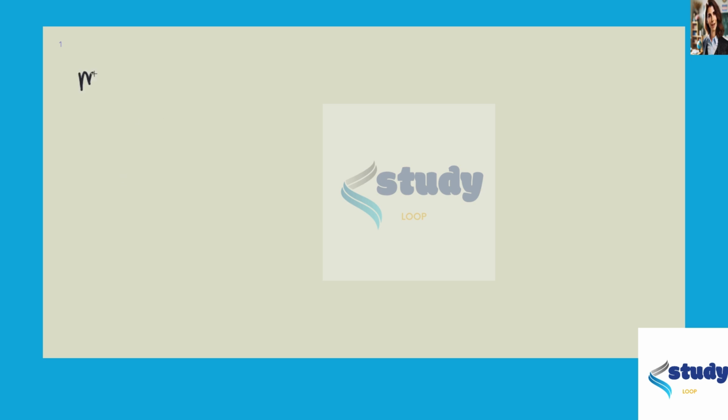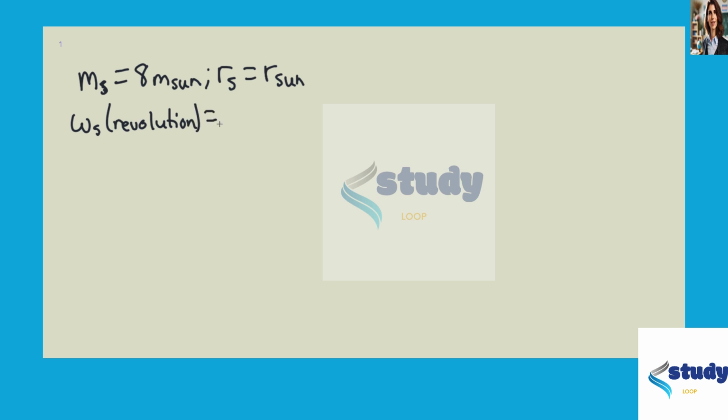So we'll say the mass of the star, denoted as S, equals 8 times the mass of the sun. And the radius of the star equals the radius of the sun. We know that the angular velocity of the star in its revolution is 1 revolution per every 9 days.